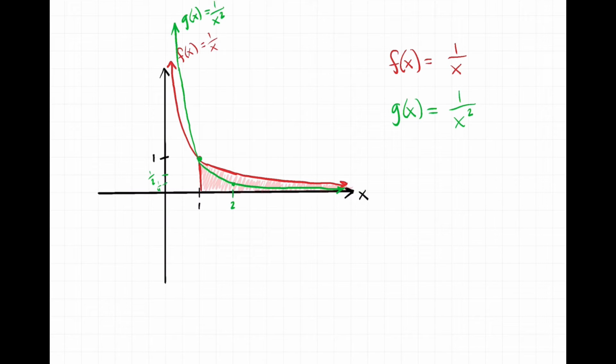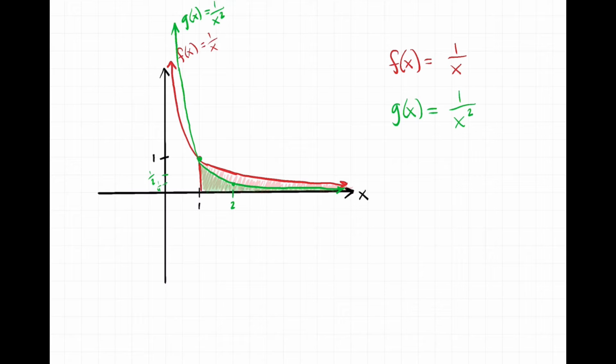So the area under this green curve is the area of this region in here, which is again an unbounded region that goes infinitely far to the right, because even though my picture cuts off at a certain x value, my actual graph goes off infinitely far to the right.